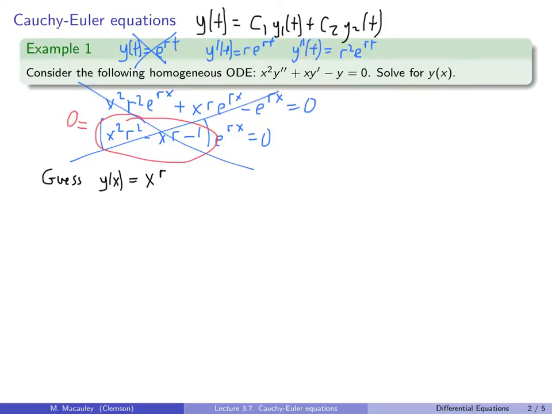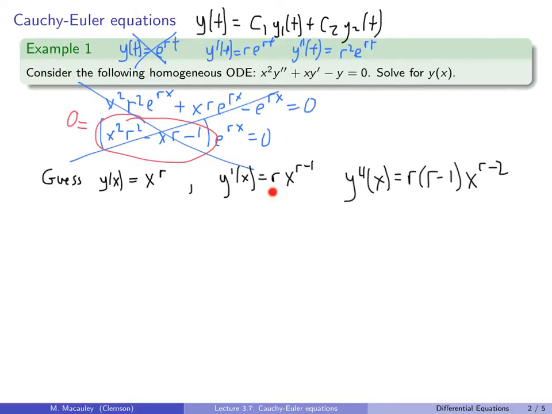Okay, so let's take some derivatives. If we do that, y prime of x equals r x to the r minus 1, and y double prime of x equals r times r minus 1 times x to the r minus 2.